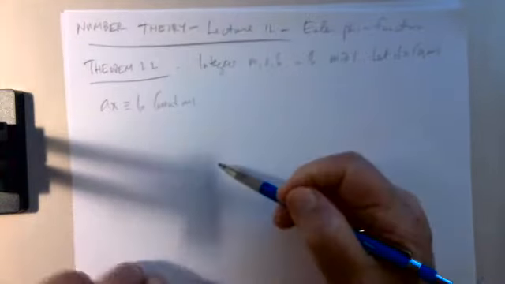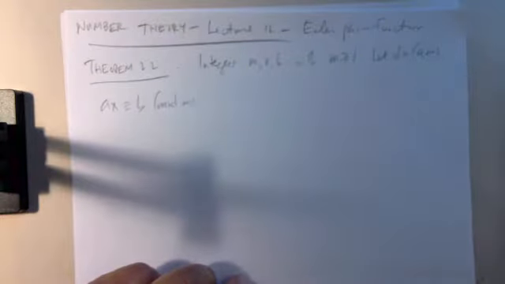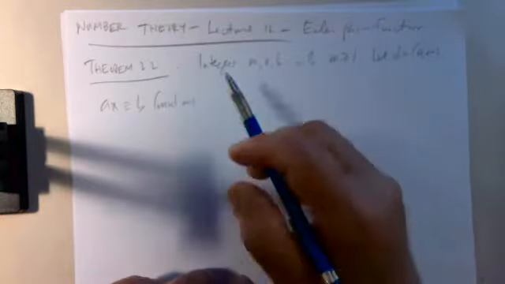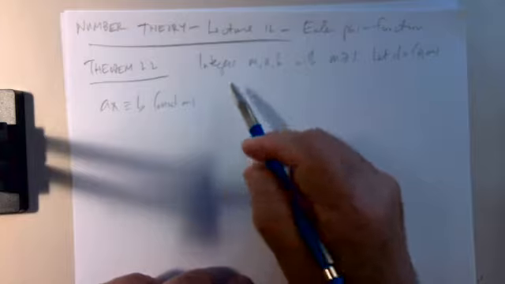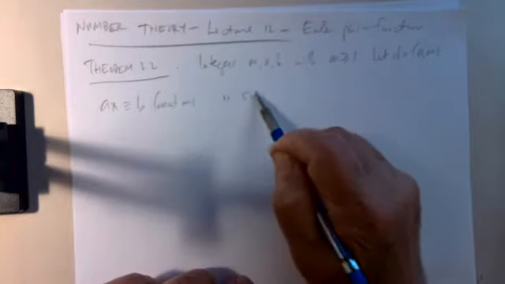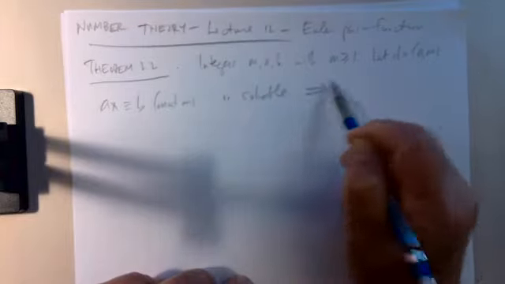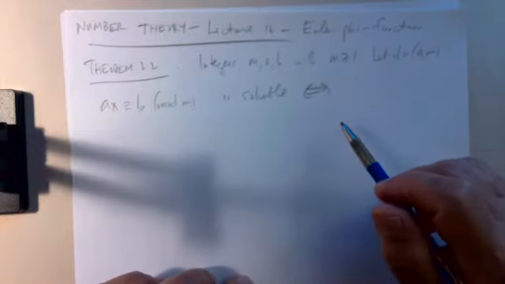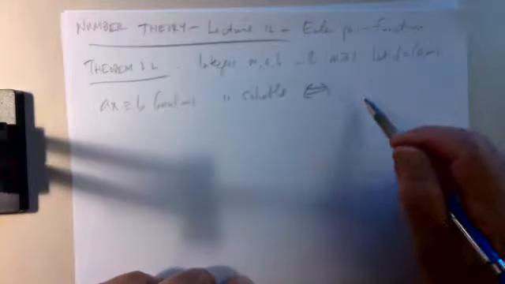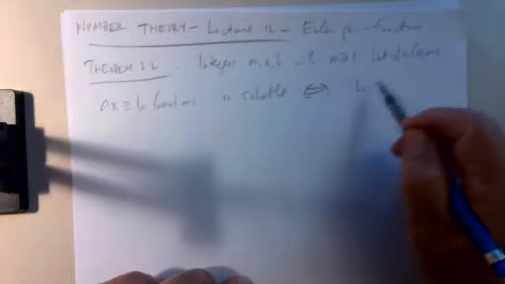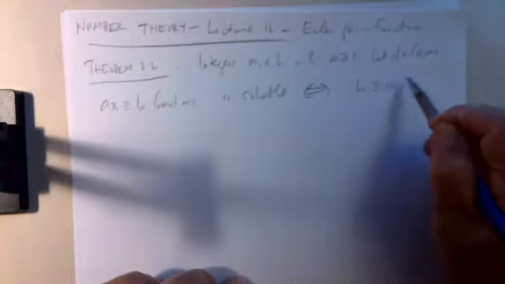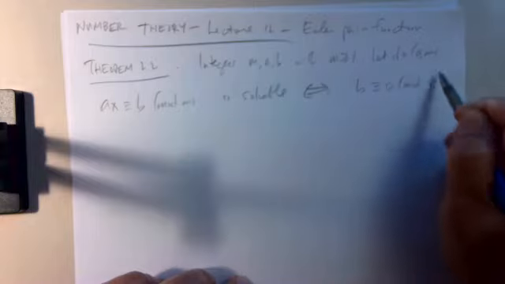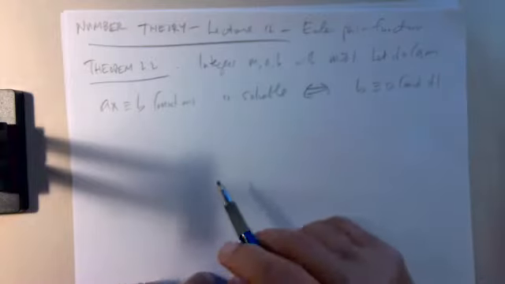So this is solving just a simple linear equation mod m, and this is solvable. There's at least one integer x that's a solution of that congruence if and only if b is divisible by d. In other words, b is congruent to 0 modulo d.